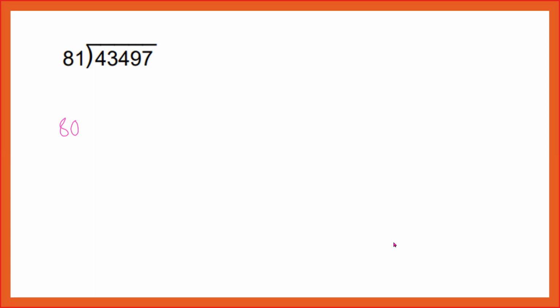So 81 comes as 80. Then 43,497, how can you estimate it? Maybe 43,500.